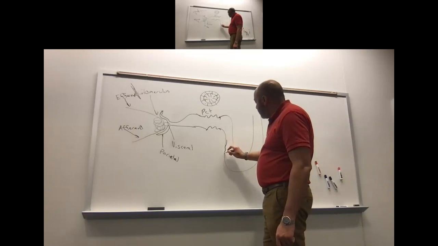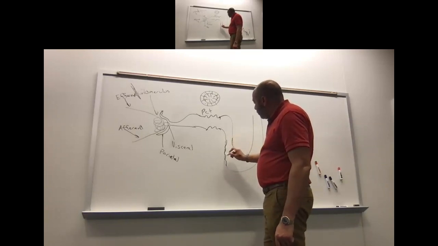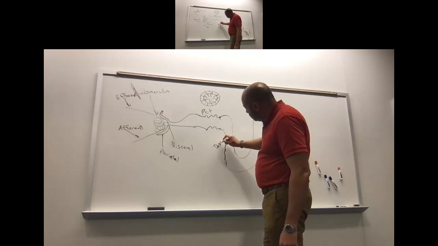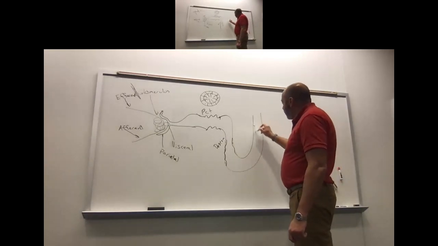Then we have thin descending. He's simple squamous. Okay? Then we have thick ascending. He's cuboidal.